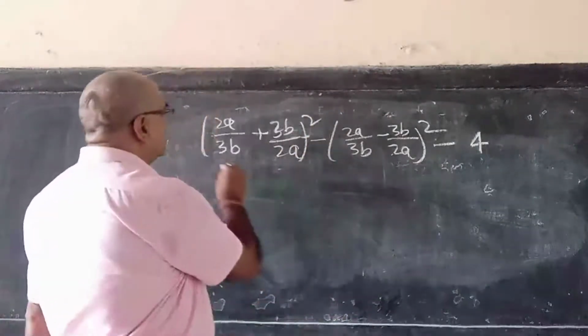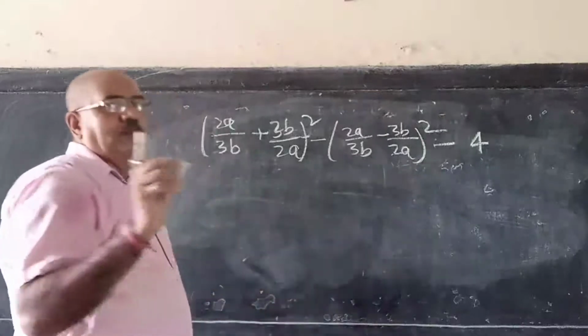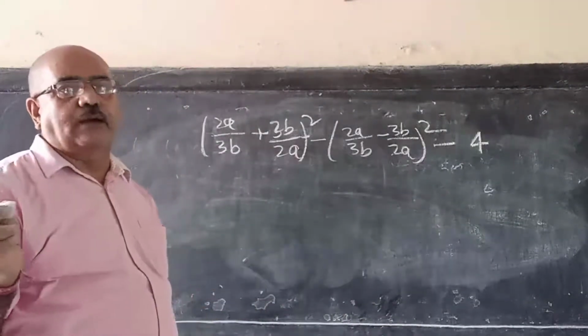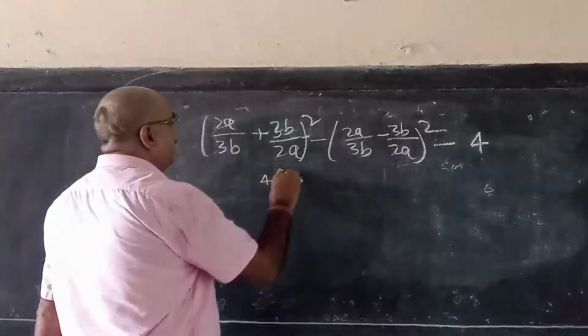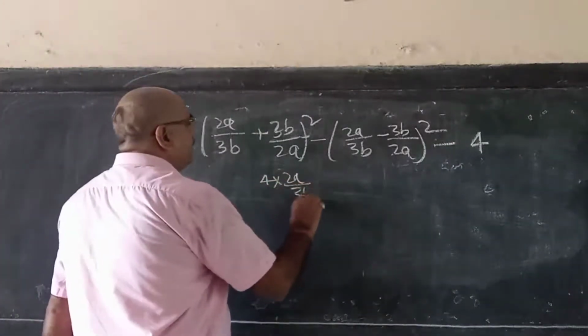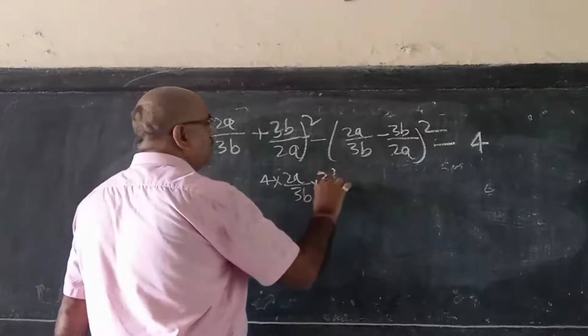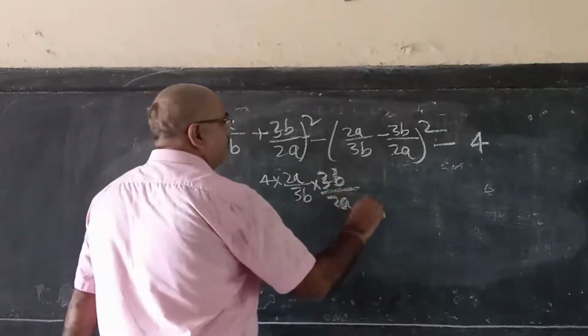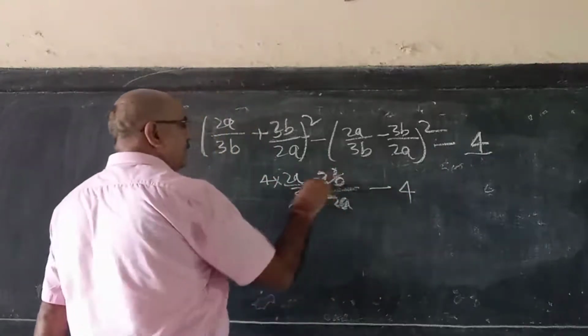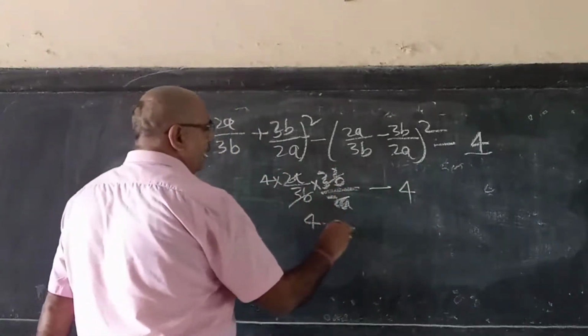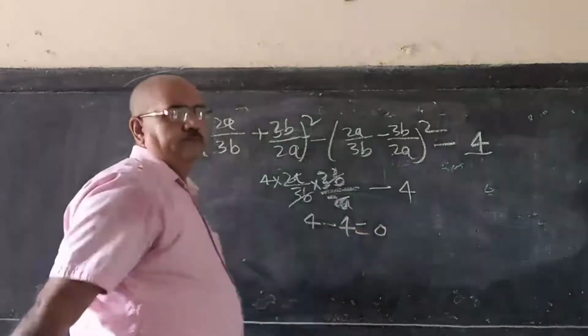So where you will use this form, (a plus b) whole square minus (a minus b) whole square is equal to 4ab. So write 4, where a is 2a by 3b and b is 3b by 2a, and this minus 4 is given in the question. So 3b cancels, that is 4 minus 4, that is 0.